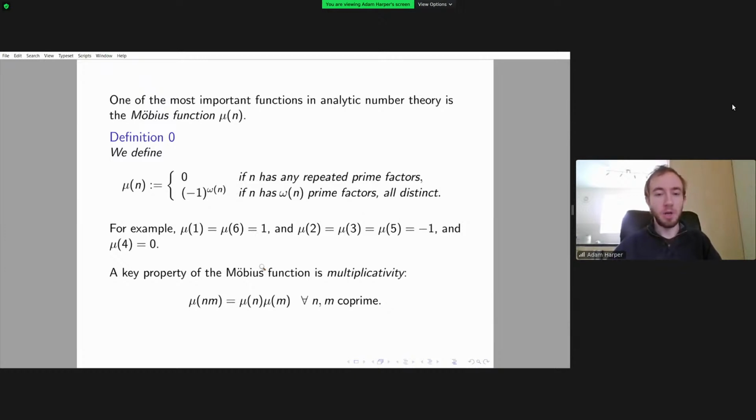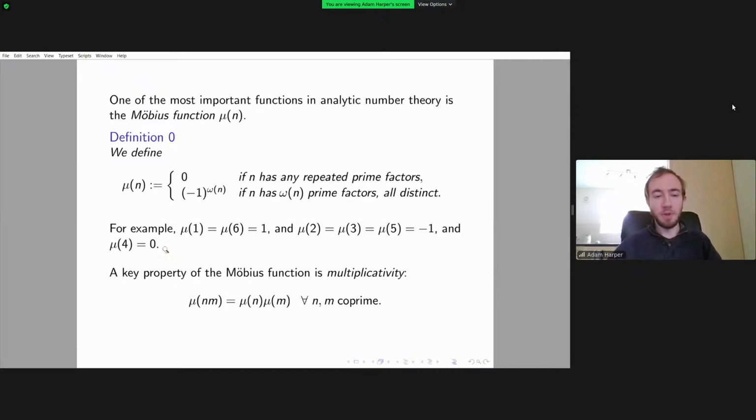So for example, mu of 1 and mu of 6 are both 1 because 1 has 0 prime factors and 6 has 2 prime factors, and they're all distinct. And mu of 2 and so on is minus 1, mu of any prime is minus 1. And mu of 4 is 0 because 4 has a non-trivial square factor. It's divisible by 2 squared.